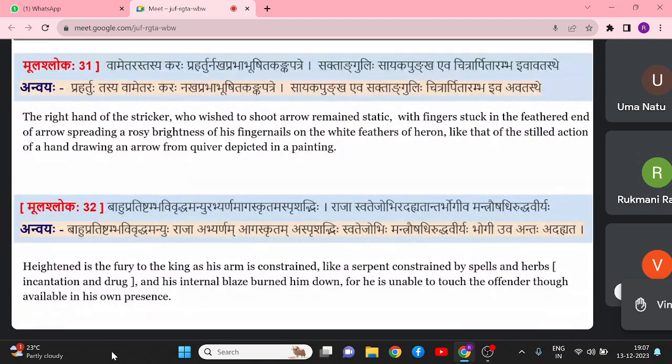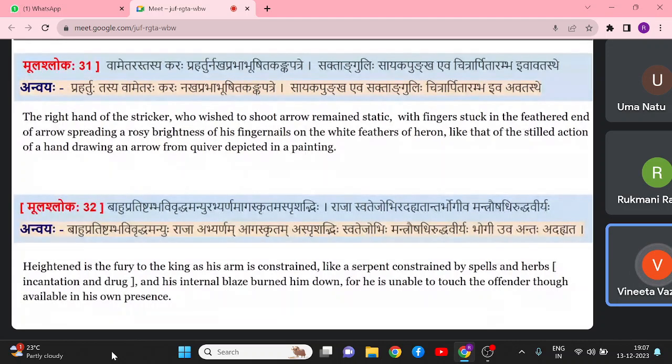Okay, read the English part. Somebody. I'll read, ma'am. Heightened is the fury of the king as his arm is constrained, like a serpent constrained by spells and herbs, incantation and drug.